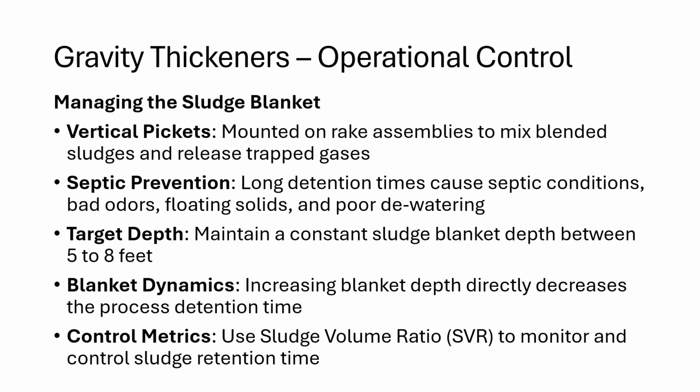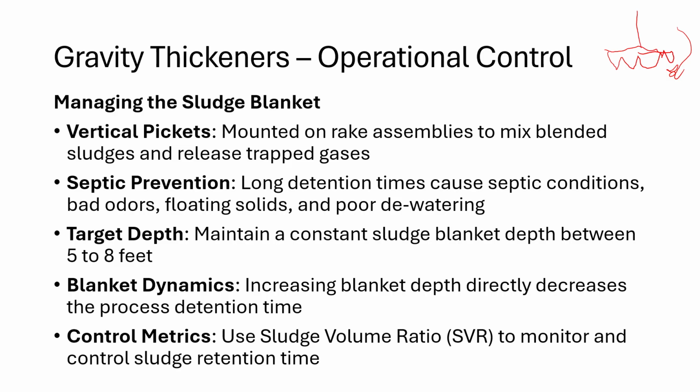So here's our rake, and here's what it's going to look like on the bottom. Not a great drawing, but our rake that's coming around the primary clarifier, it's got these vertical pickets, okay? And the idea of those vertical pickets is they look just like the teeth on your rake, if you will. Best way to think of it.